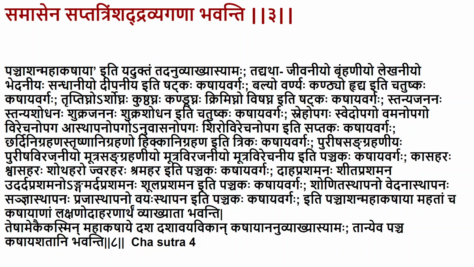Sushruta has classified them into Saptatrimshat, 37 Ganaha: Samasena Saptatrimshat Dravya Ganaha Bhavanti. The classification is into 37 categories, and these categories are named based upon the first name of the plant listed in that category, and the grouping is based upon the dosha gnata, the effect on the dosha, as well as the impact on the disease.